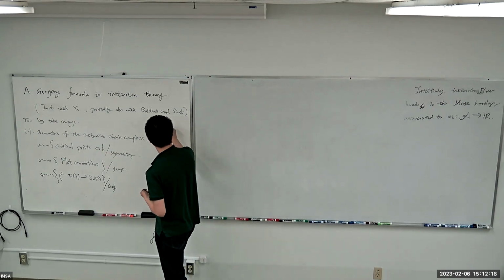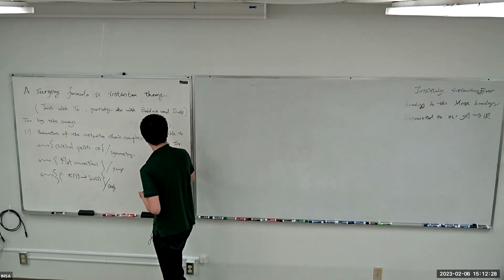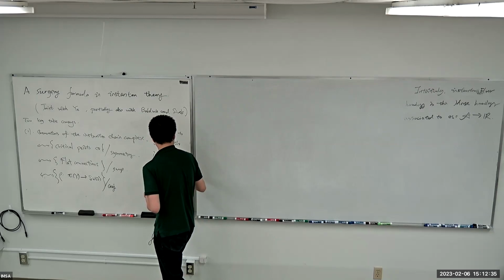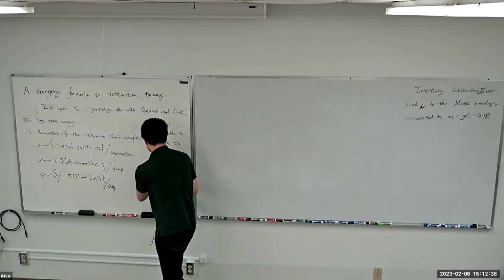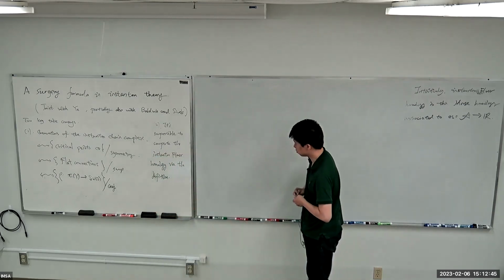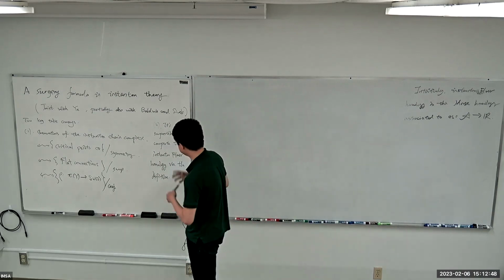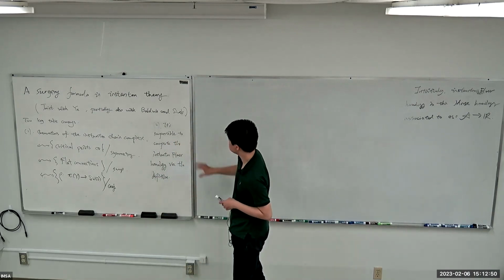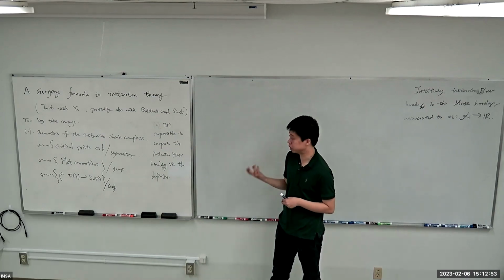So it's almost impossible to compute the Instanton Floer homology via the definition or via the construction. We didn't expect that we can solve that set of partial differential equations and write down the chain complex explicitly. This makes the computation of Instanton Floer homology a big problem.